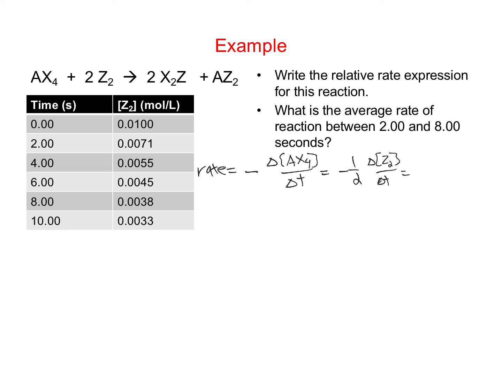So the first one will be positive 1/2 delta X2Z delta T. And I ran out of room, so I'm going to write it down here. And then it would be equal to positive 1 over 1 delta AZ2 delta T.